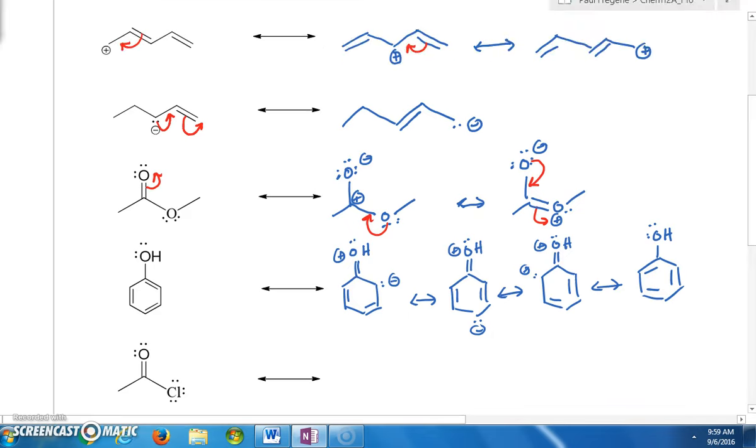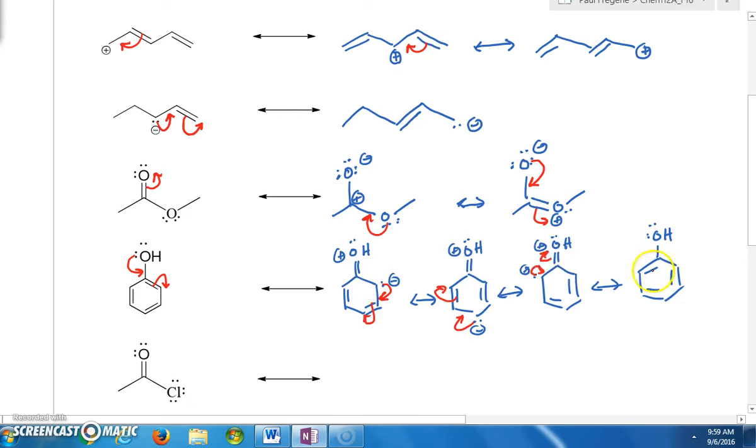So move this like this, like that. You can move this down like this, like that. You can move this down, this like that. Then we can move this like this, move this like that.